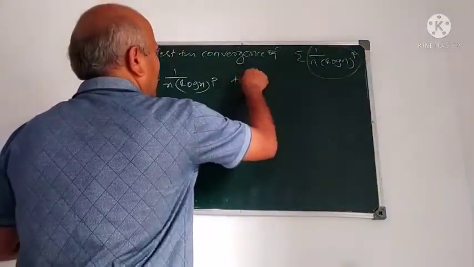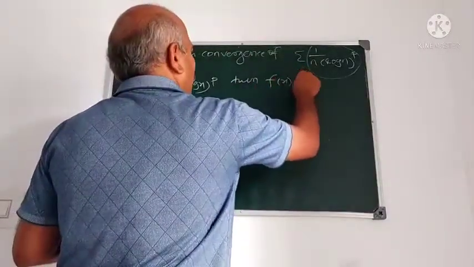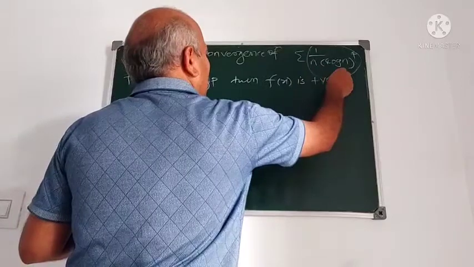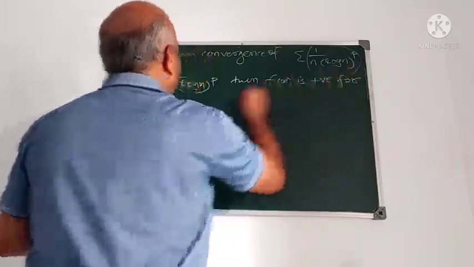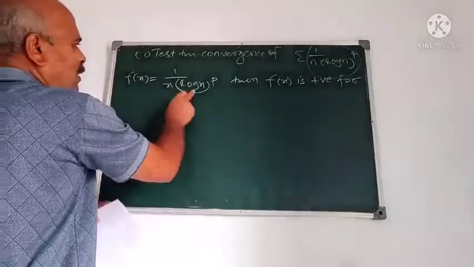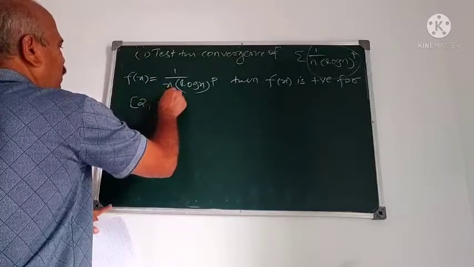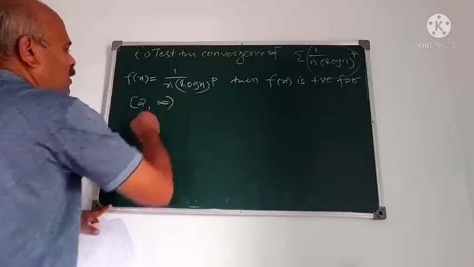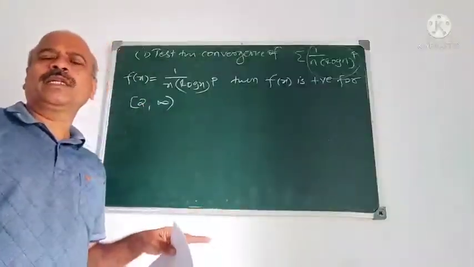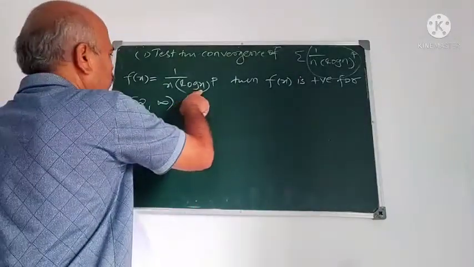What is the first condition here that you have to verify? f(x) is positive for x greater than 1. f(x) is positive in 2 to infinity, for x greater than or equal to 2, because when x is 1 it is not defined.